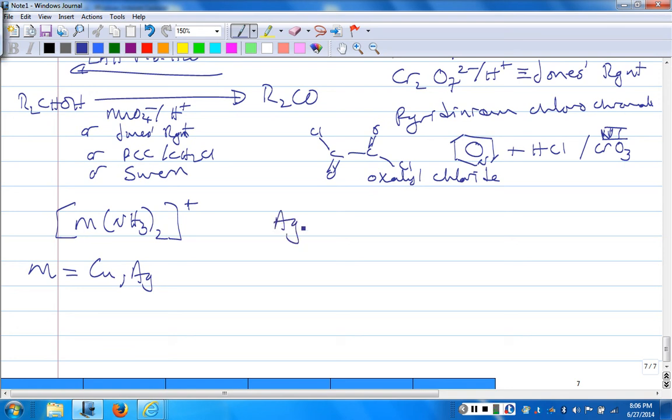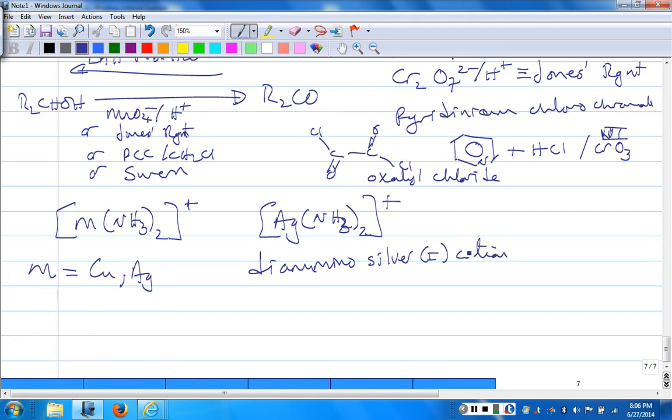You'd have the silver cation complexed to 2 neutral ammonia molecules. That's a complex called a diamino silver 1 cation. When we're using this species, this is called Tollens reagent.